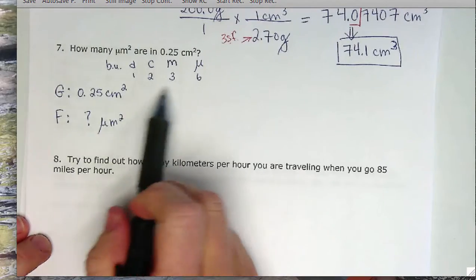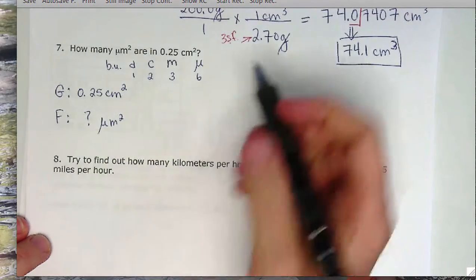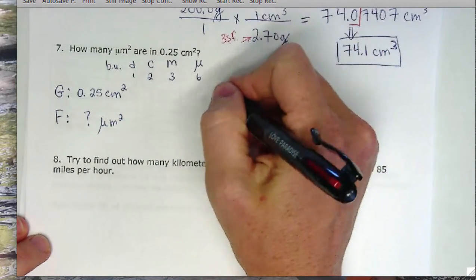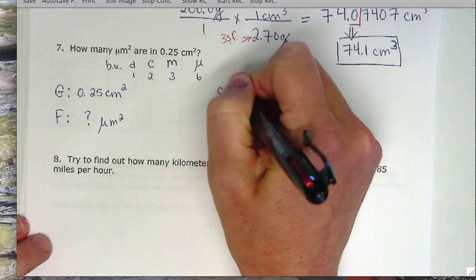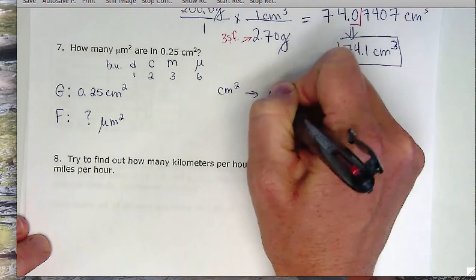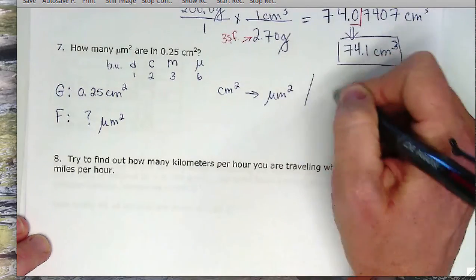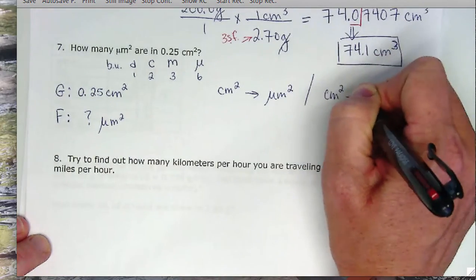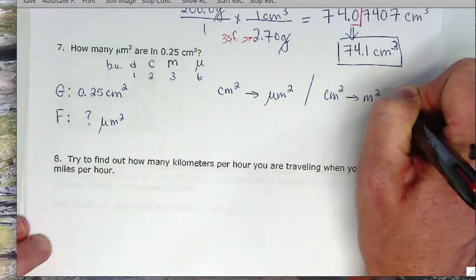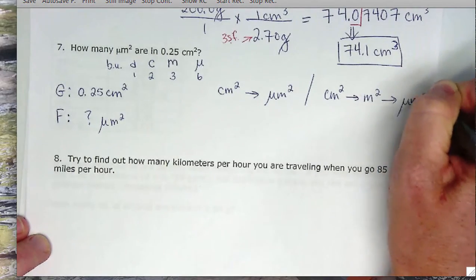So our roadmap, you can do this 2 ways. You can go centimeters squared to micrometers squared, or you can go centimeters squared to meters squared, and then back to micrometers squared.